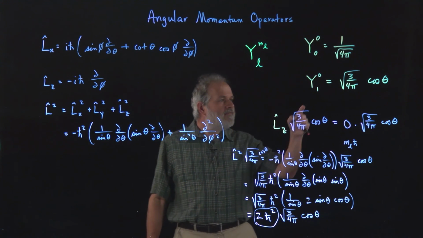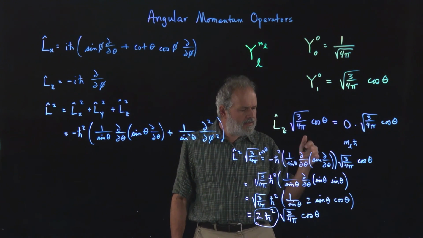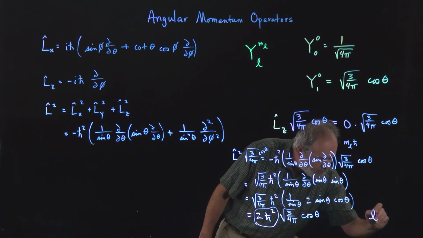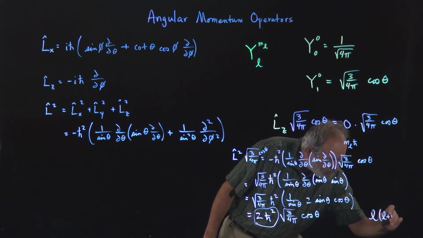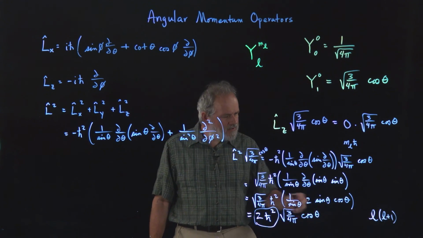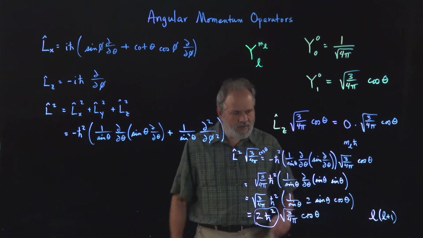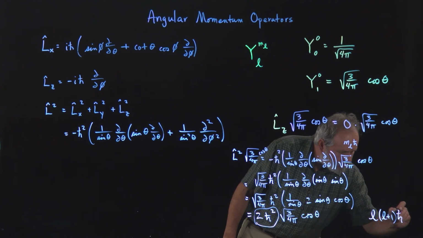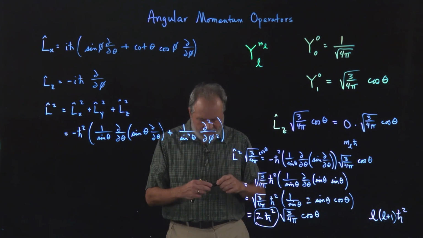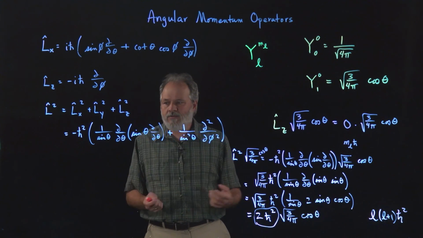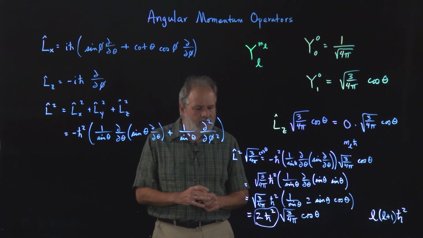Well, if L equals 1, then that is going to be 2, because 1 times 1 plus 1, 1 plus 1 is 2, 1 times 2 is 2, that's what we got, h bar squared. Okay, so it's very nice to know some of these properties about the L squared operator.